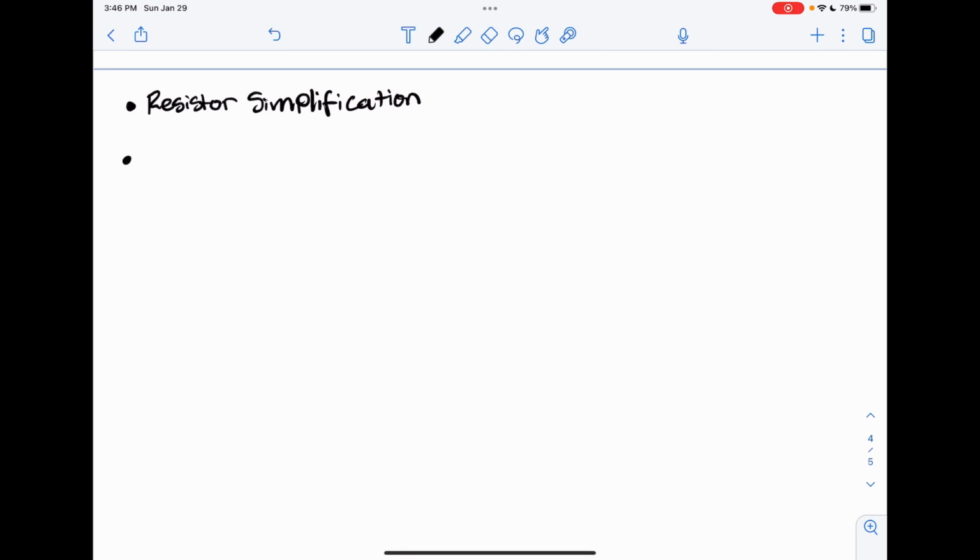After that, we will go into KVL and KCL. These may actually end up being separate videos depending on how long they are. After we cover those two, we will go into the branch current method, followed by the nodal analysis method.